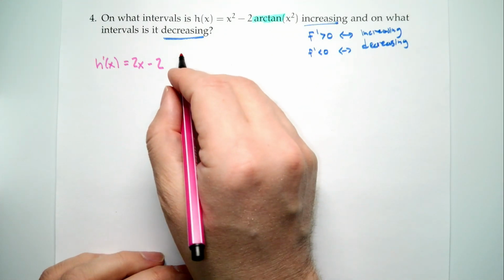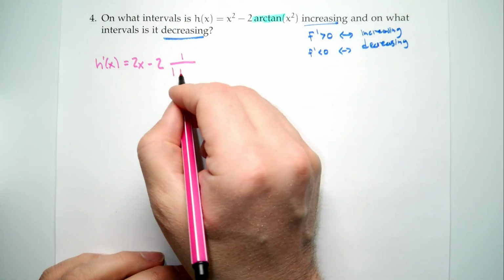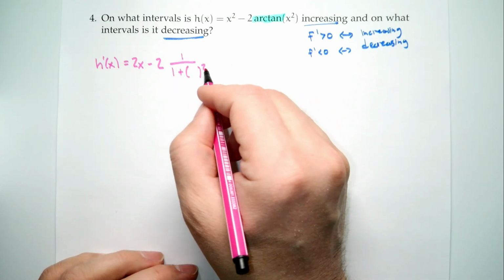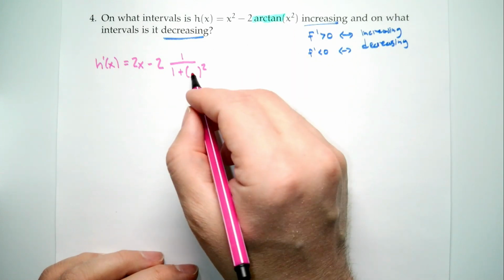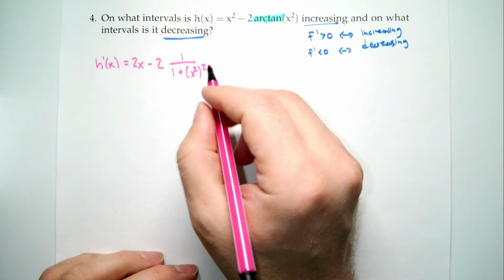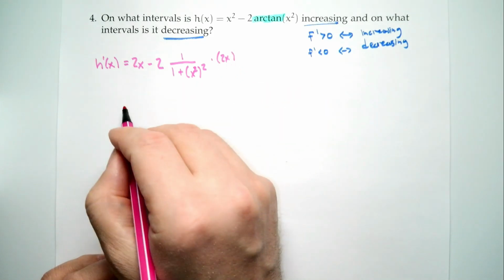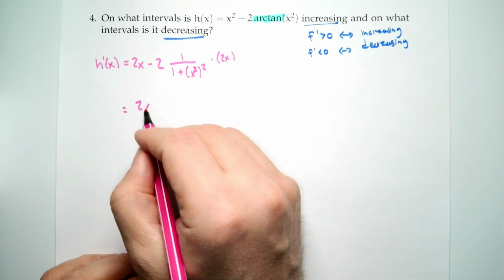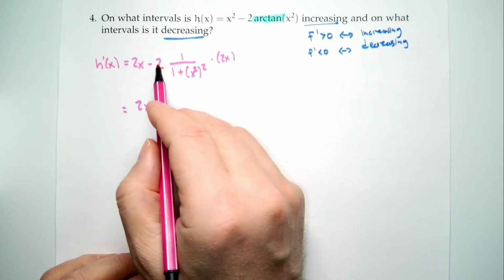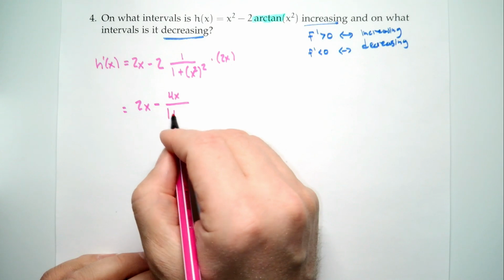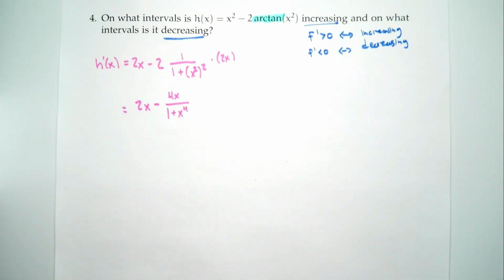Well, I think by the end of this semester, you'll be really good with arctangent. 1 over 1 plus the inside squared. So in our case, the inside is x squared squared, times the derivative of the inside, which is 2x. So we have 2x minus 2 times 2x is 4x. Divide that by 1 plus x to the 4th.